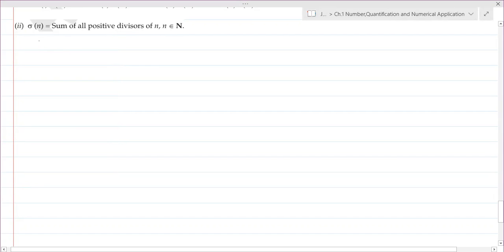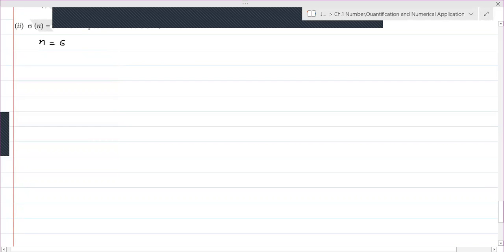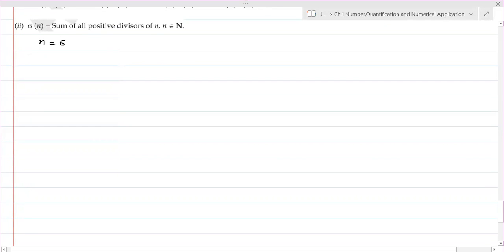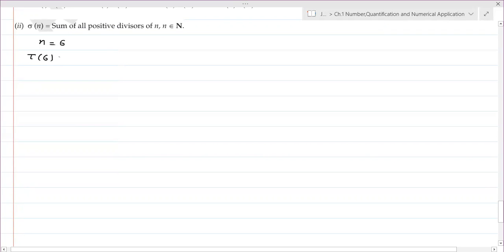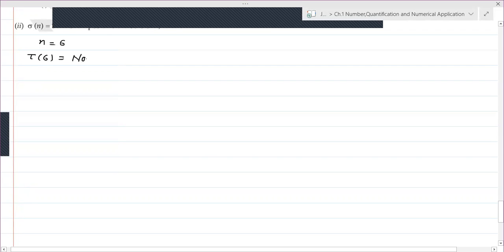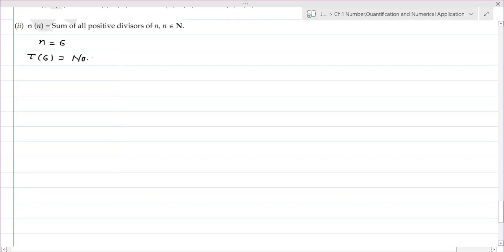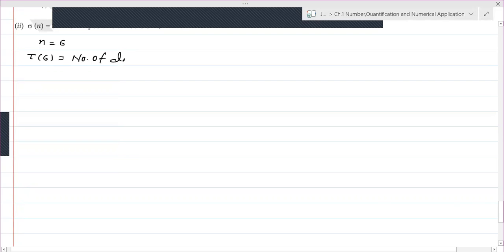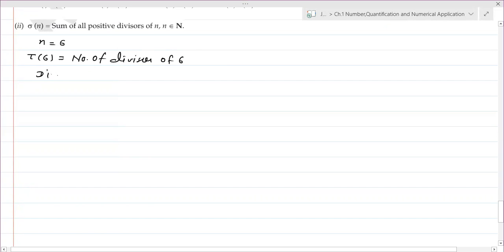Suppose I take the value of n as 6. First of all, I will find tau 6. So tau 6 is the number of divisors of 6.